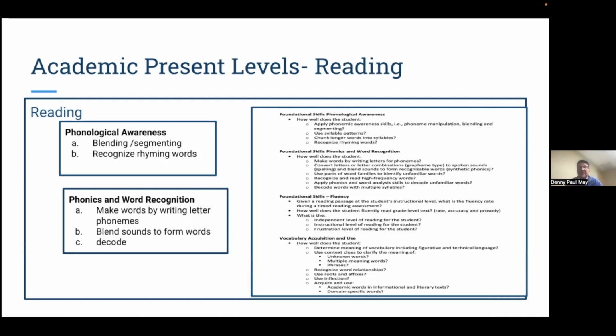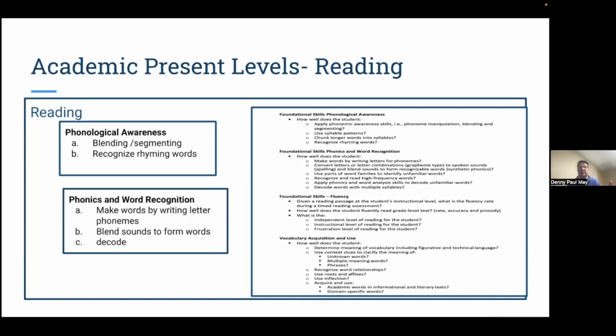But you can see that if you just pick one out, if you say, okay, we're going to focus on phonics with this student because we realize that they have a difficulty making words by writing letters for phonemes. They're not getting the phonological, the sound-letter association.